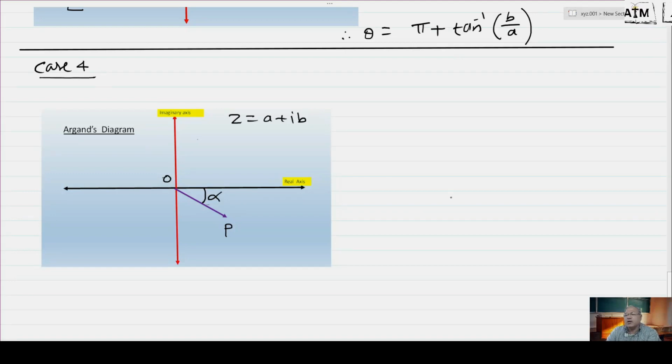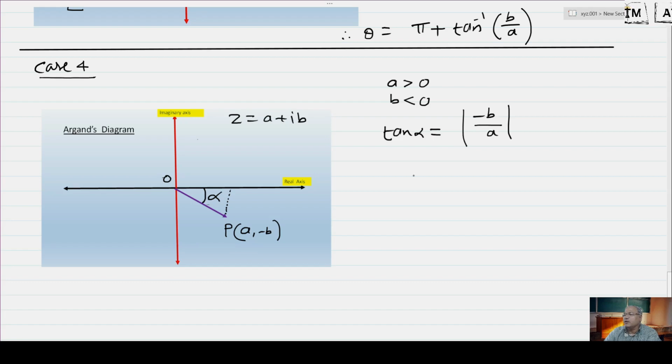Similarly, when the ray OP lies in the fourth quadrant, then a is greater than 0 and b is less than 0. Therefore, the coordinates of the point can be written as (a, minus b). Similarly, we can draw the projection here and find tan alpha, which equals minus b upon a. So alpha equals tan inverse of b upon a.